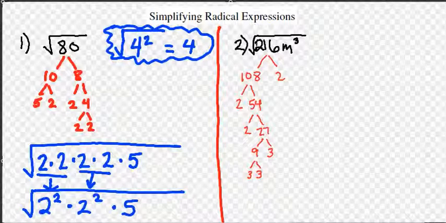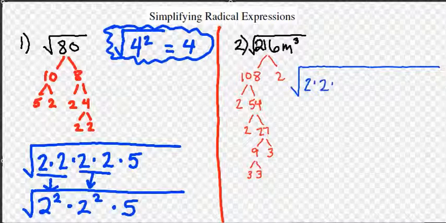Let's now do the same thing we did over here. We're going to write the square root of all of these multiplied by each other. So we've got 1, 2, 3, we've got 3 2's. We only want prime numbers here. And then we have 3 3's. If it helps you, you can cross them out as you write them down so that we make sure we've got them all.